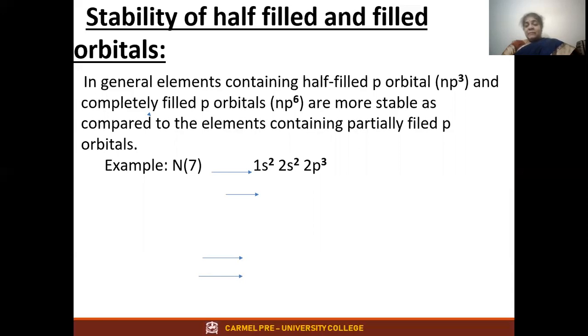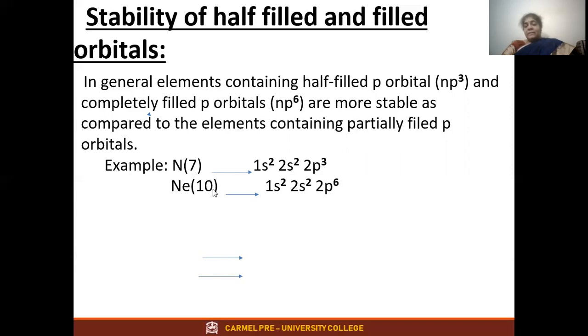You would have written the energy of the orbitals. Arrange the orbitals in the increasing order of their energy levels, so take down those levels. Then start distributing the electrons. Electronic configuration is nothing but distribution of electrons in the orbitals. So when you take n is equal to 7, it is 1s2, 2s2, 2p3. Observe here, 2p3, p is 3, which means it is half filled.